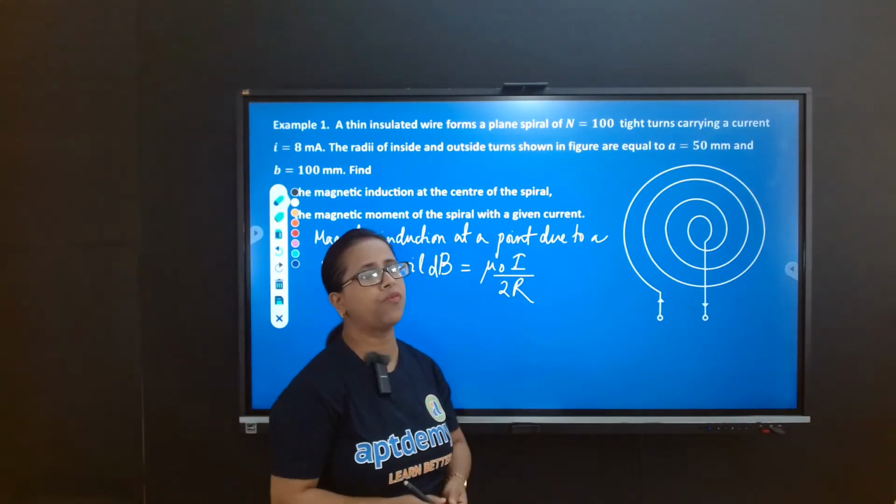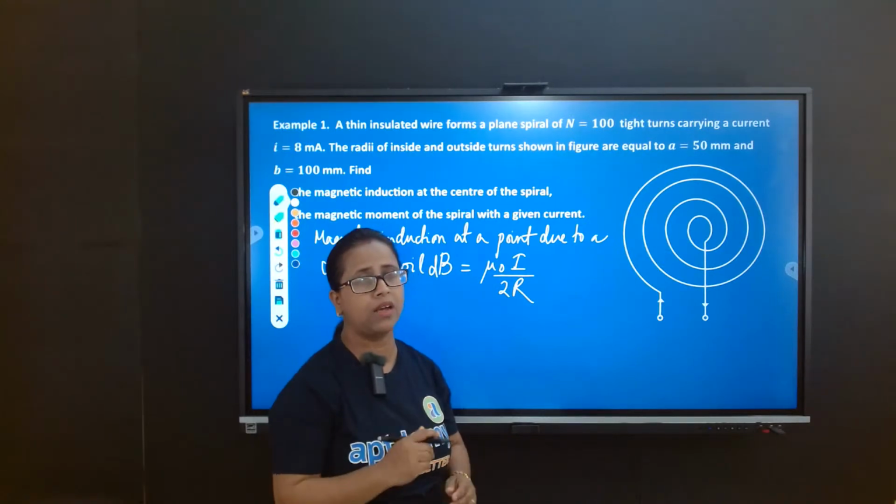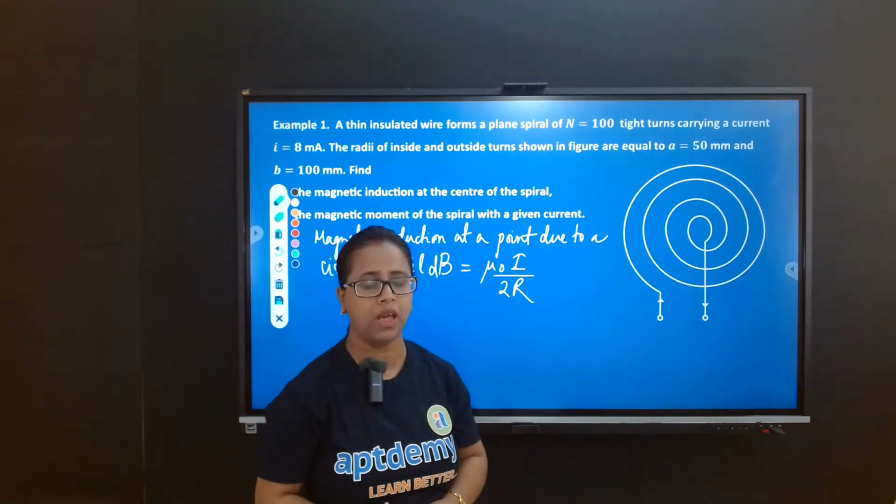Now when we are talking of a circular coil, we are actually considering a coil of a single turn. That is, N is equal to 1 for this particular case.